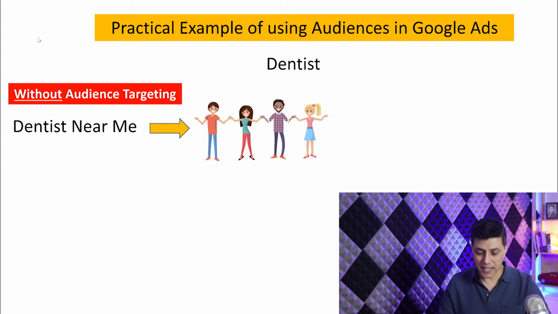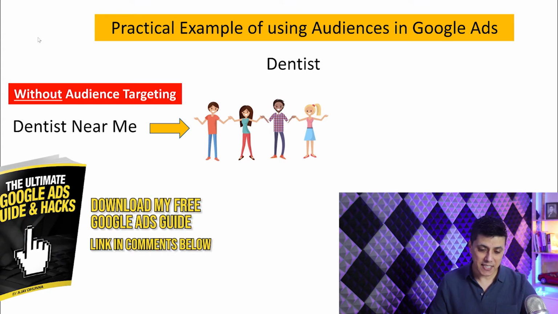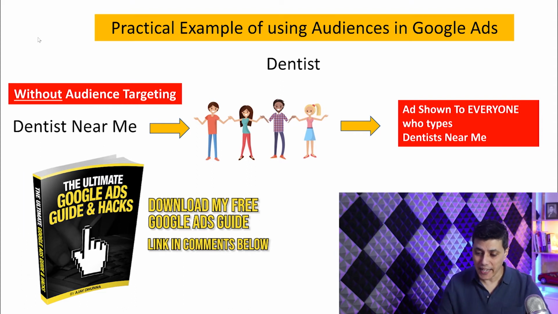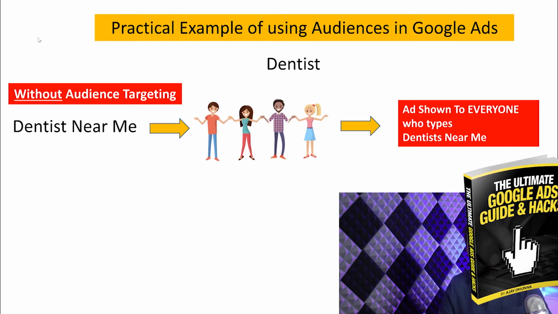What will happen in this case is you're going to attract all types of people, from adults to children, male to female, who could type in dentist near me, and they will then ultimately be taken to your website. In other words, your ad will be shown to everyone.